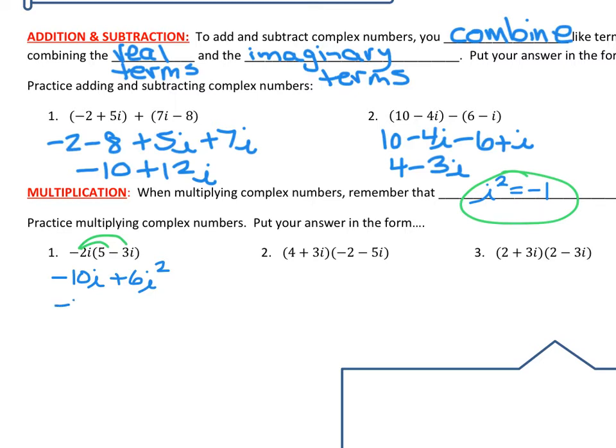So I've got negative 10i plus 6, and that i squared, remember, is negative 1. So when we simplify this, we have negative 10i minus 6. And then just use your commutative property of addition and put this in the real form first, followed by the imaginary.